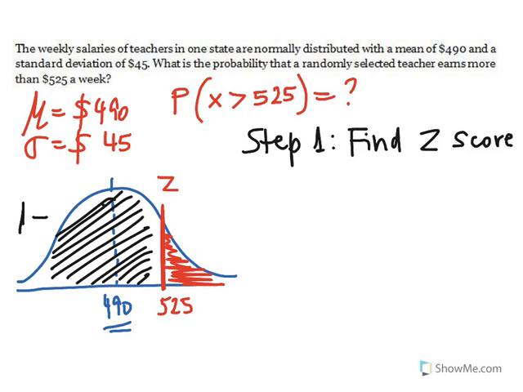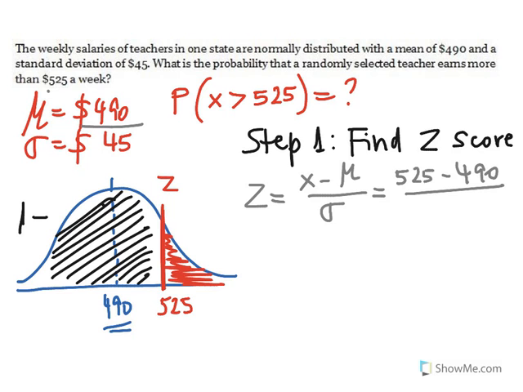So step 1 is to find the z-score. Z-score will be equal to x minus mu over standard deviation. In this case, we know x. X is 525, minus mu, that's 490, over standard deviation, 45.